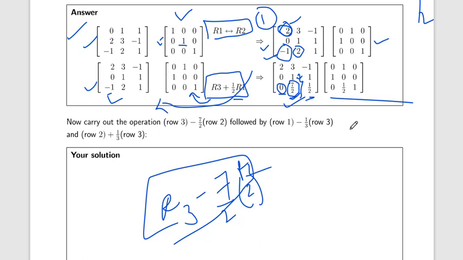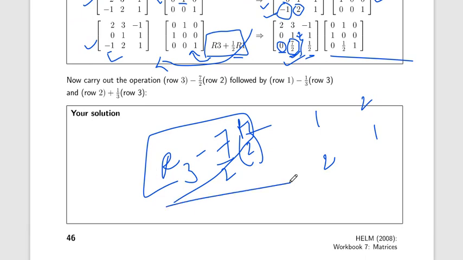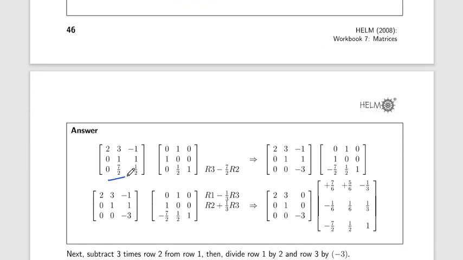Whichever operation comes first or second is not important. What is important is that we want to transfer this into an upper triangle and then after that into an identity matrix. So this operation with 7 by 2 gives us the upper triangle matrix.